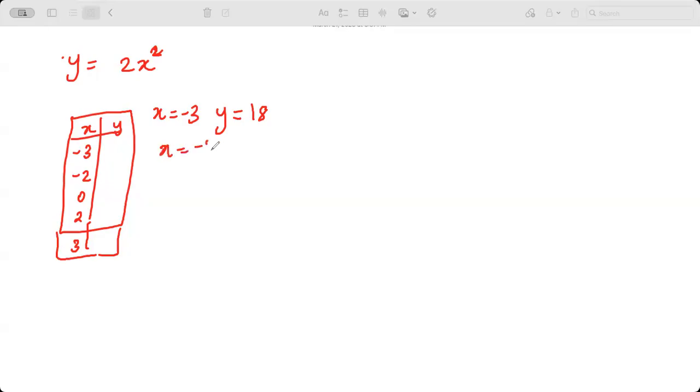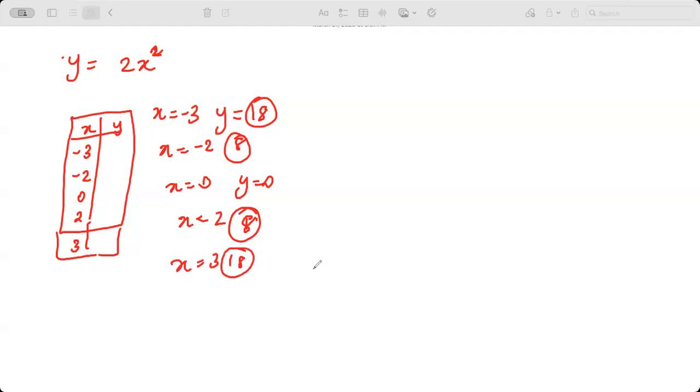Substitute x equal to -2, y becomes 8. Substitute x equal to 0, y becomes 0. Substitute x equal to 2, y becomes 8. x equal to 3, it becomes 18. You know how to do this, right? So 0 is 0, 2 is 8, -2 is 8, 3 is 18, -3 is 18. So the graph is like this, right?